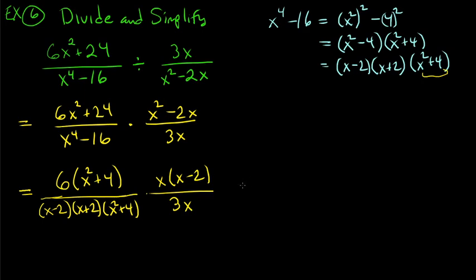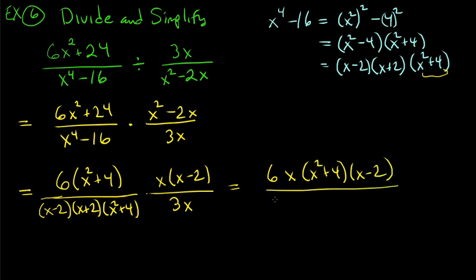And at this stage, you could just multiply across here. We have 6 times x times x squared plus 4 times x minus 2, all over 3 times x times x minus 2 times x plus 2 times x squared plus 4.